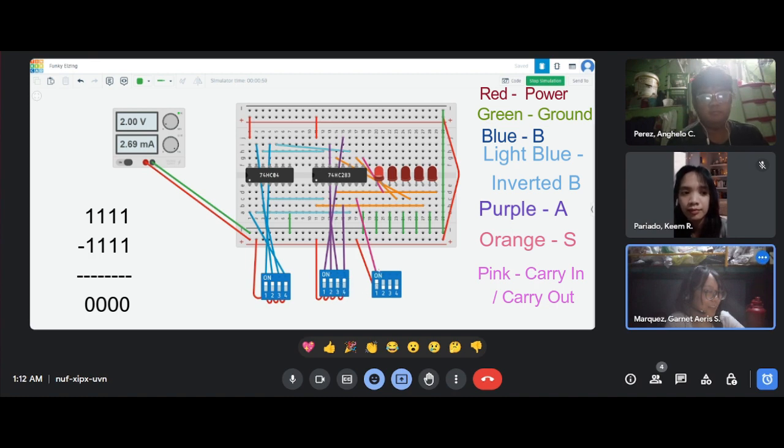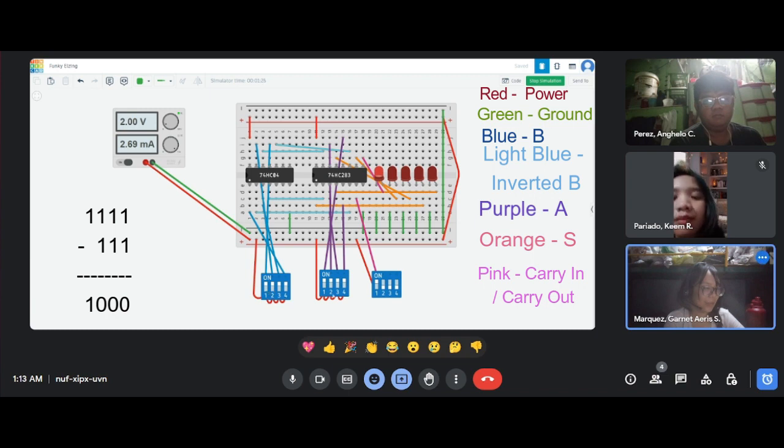So, naka-open to yung ating carry in, carry out. So, ito, ibig sabihin nito, gumagana yung Bit Parallel Subtractor. So, dahil 111 lahat to, naka-binary, which is 1111 minus 1111. So, 0 lalabas. So, walang nagla-light up na LED.